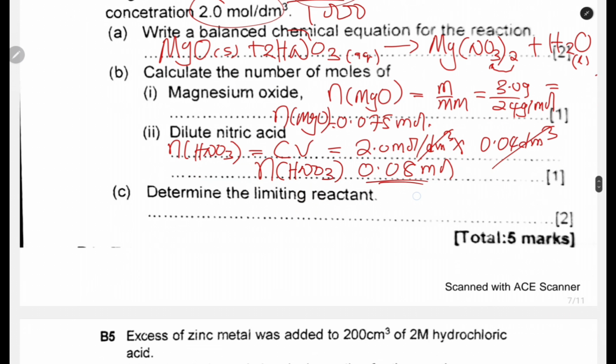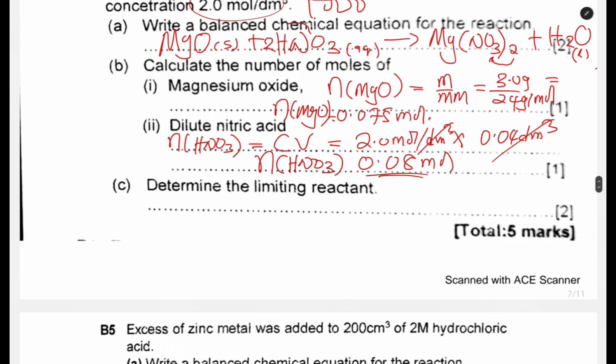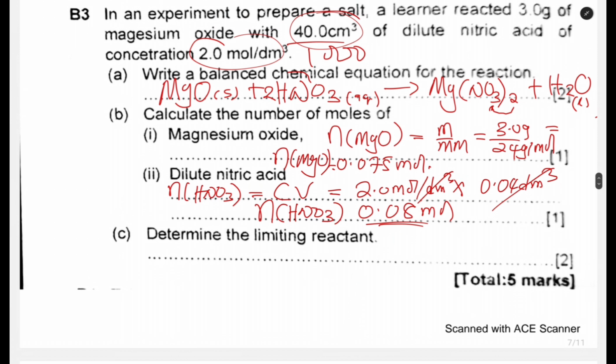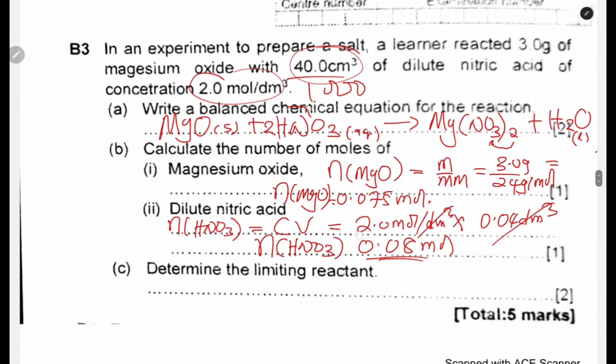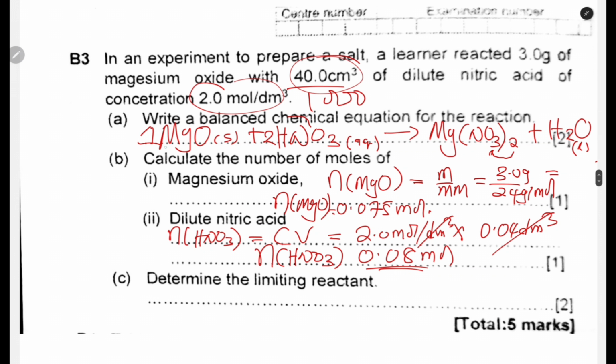Okay, then determine the limiting reagent. So to determine the limiting reagent, since the reactants are magnesium oxide and nitric acid, you just look at the number of moles. From the balanced equation, in front of magnesium oxide there's a 1, in front of nitric acid there's a 2. So we divide the moles of nitric acid by 2 and it's going to give us 0.04. Then we divide the moles of magnesium oxide by 1, which is just going to give us the same one.